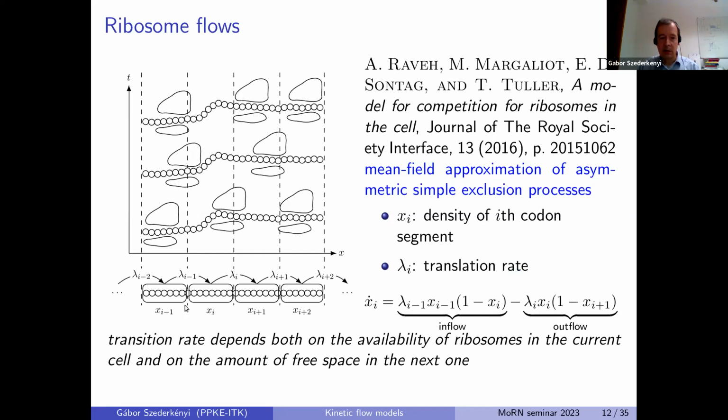It's important that the transition rate depends both on the availability of ribosomes in the current cell and also on the amount of free space in the next one. So we can model traffic jams using these models, and also the individual sections will be of bounded capacity.